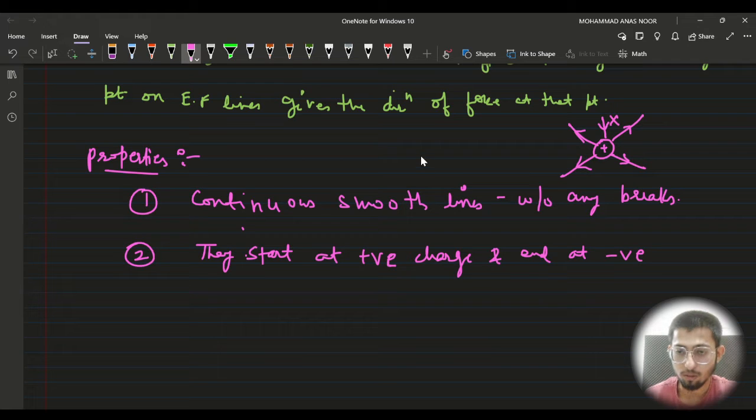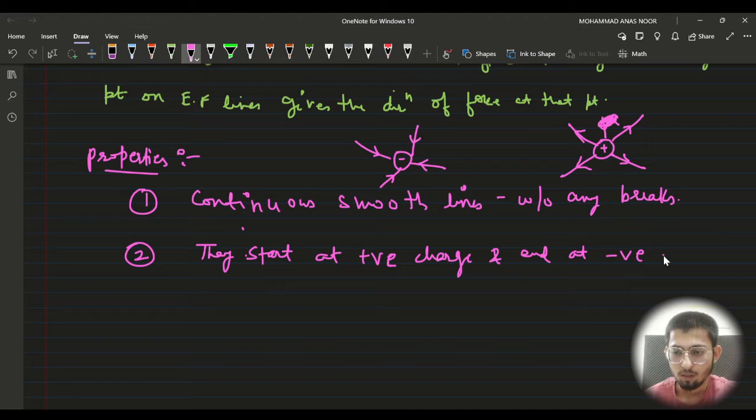If you draw a negative charge, the electric field will look like this. For a negative charge, I told you we will discuss it later. So a positive charge will emanate, and for the negative charge, the electric field lines will converge at the charge.